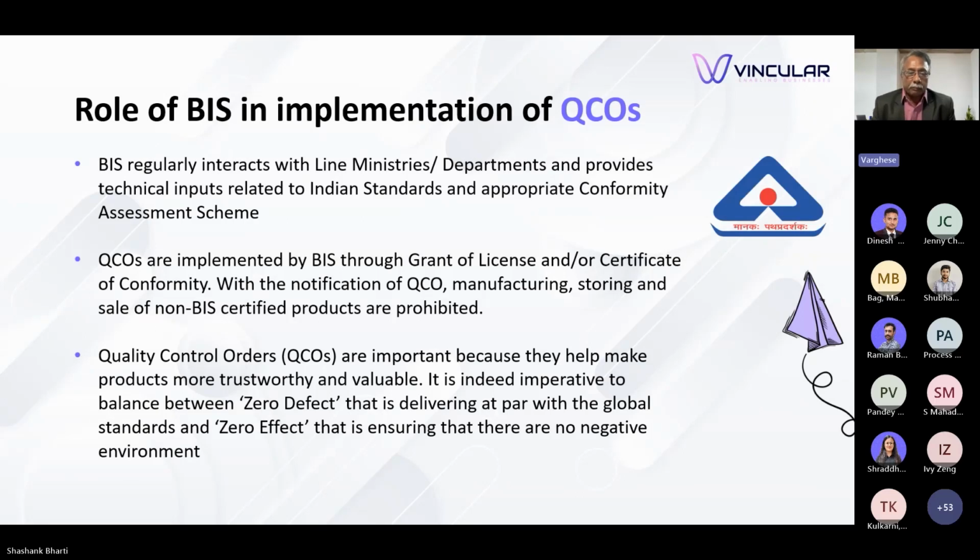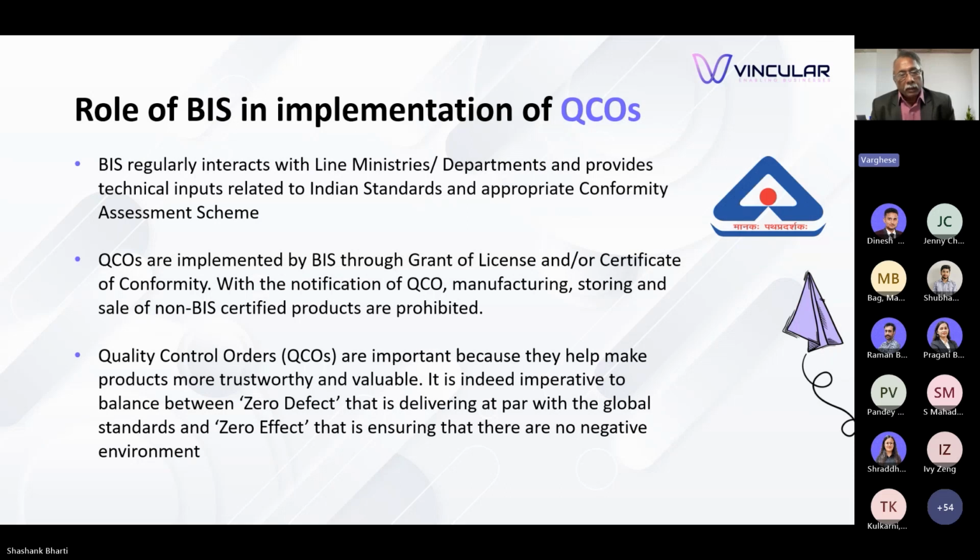If the quality control order issued by the ministry is applicable to you, and if it is not complied with, it can be called a violation of the Act. Violation of the Act means there can be three ways in which you are considered not to be implementing the Act, and it attracts legal implications.